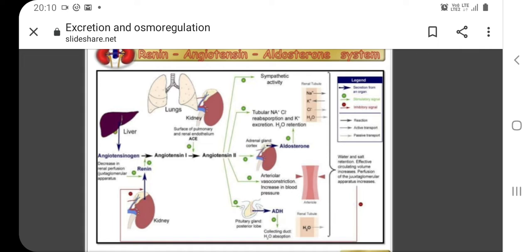ANP prevents the sodium resorption by the renal tubule, thus decreasing the water resorption and lowering the blood pressure.